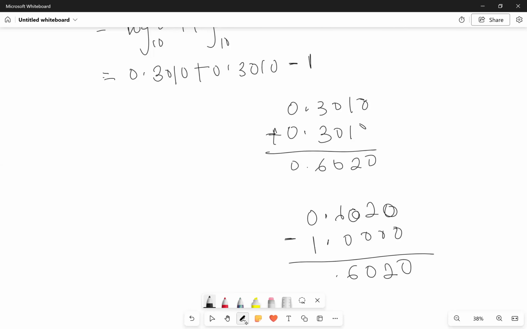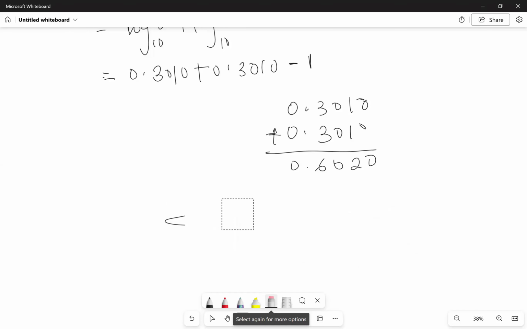Yeah, all right. So I've seen where the problem is. You see, 0 minus 1 is not possible, right? Because the bottom is bigger than the top. So we must borrow. There is nowhere to borrow, right? So let's switch it back. Let's turn it the other way around. Watch closely.